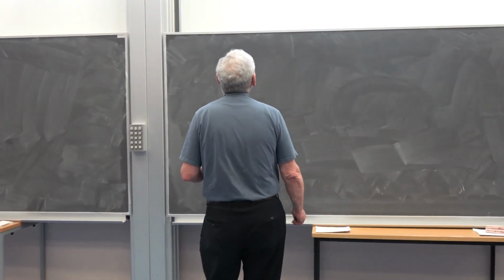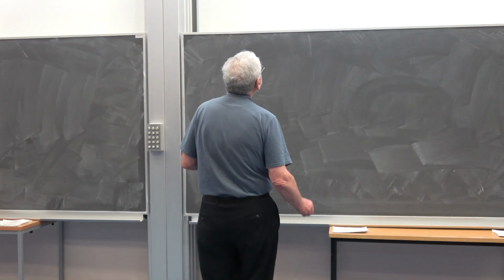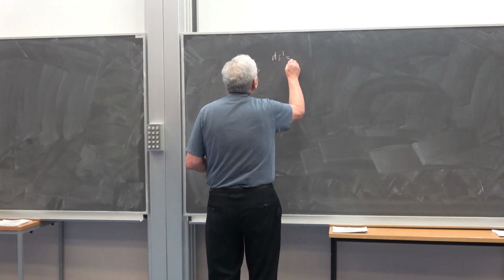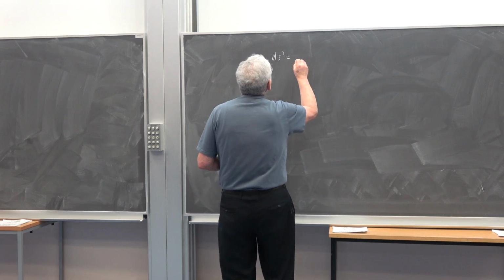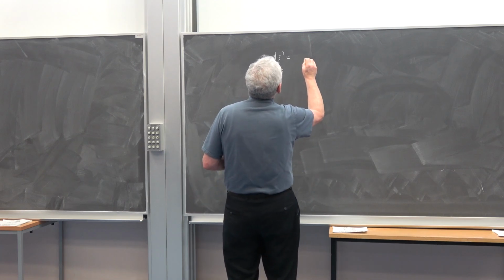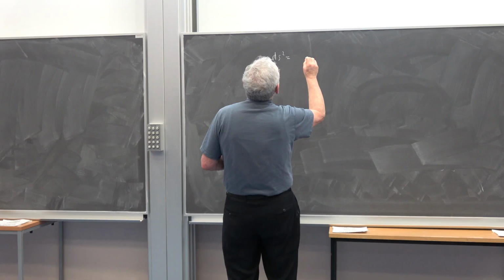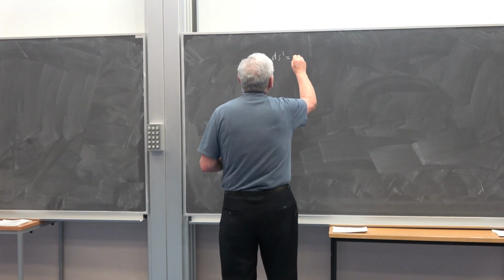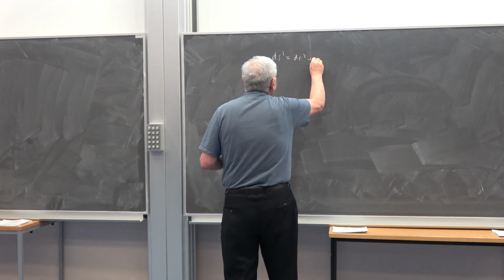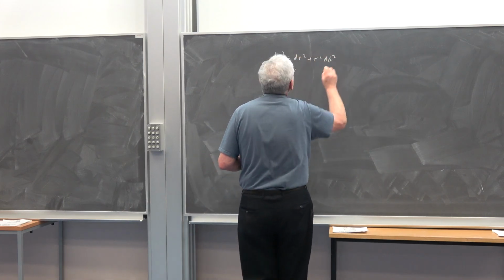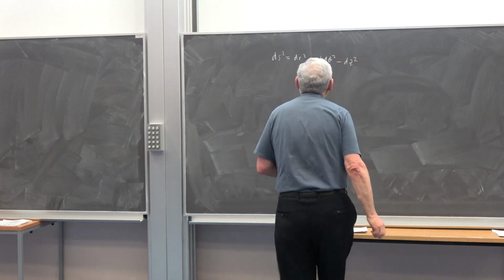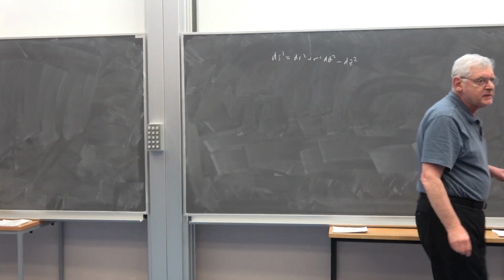And the way we do it, I've got it right at the top, we do embeddings. Consider a line element. ds² is dr² plus r² dθ² minus dz².